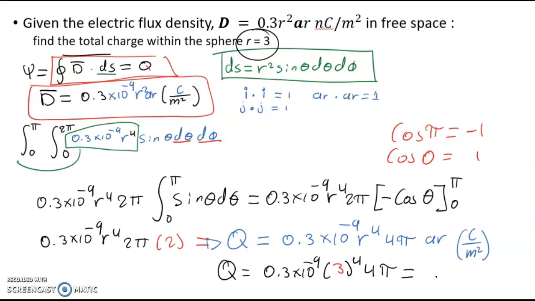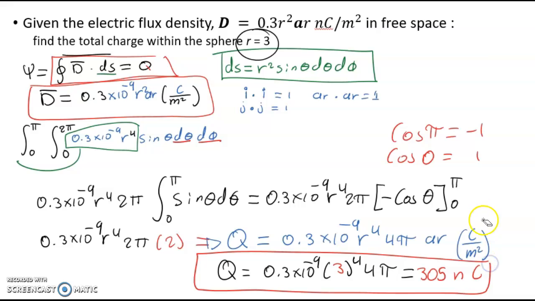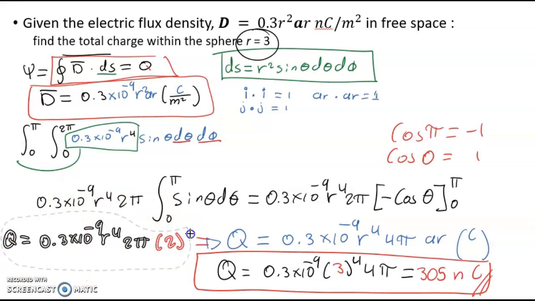And the result is 305 nanocoulombs. Now, this is the answer for part B. However, we came out with an expression for Q that we can reuse for the next exercise. I'm just going to save it for later.